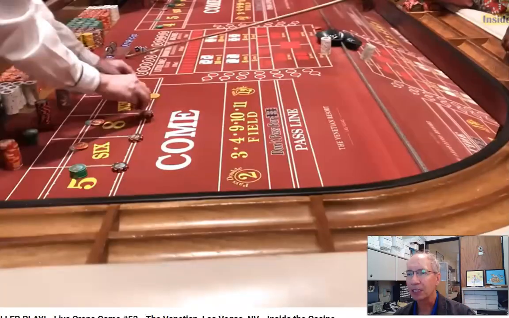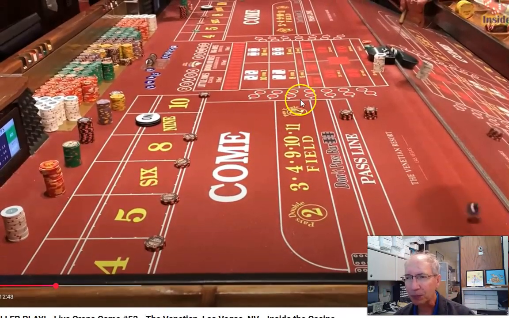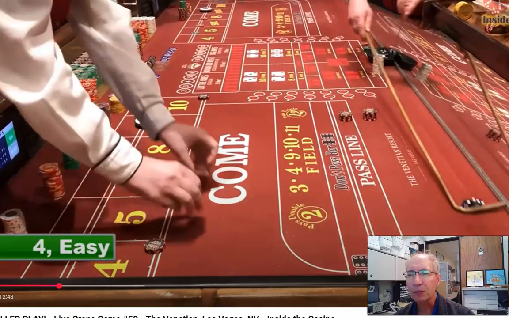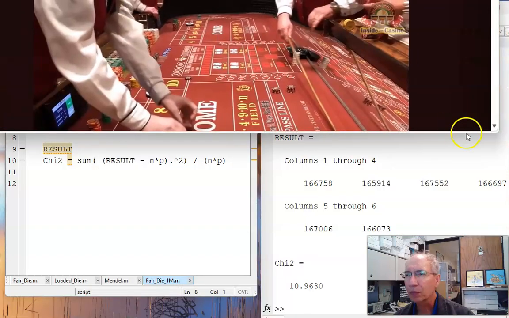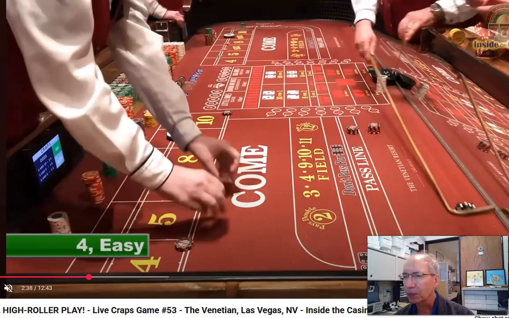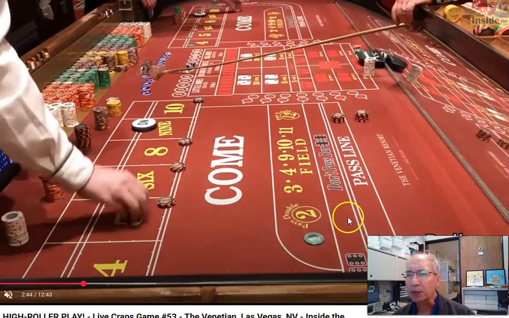To avoid that, again, what they do in craps is they watch what you're doing. The operator watches the dice very carefully.